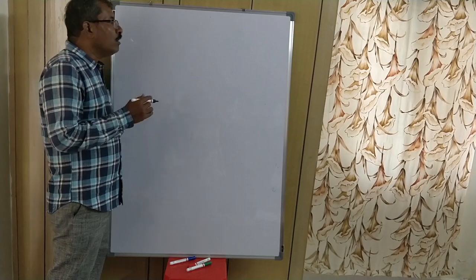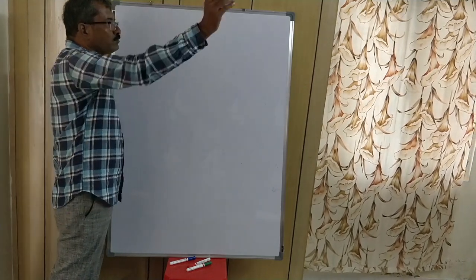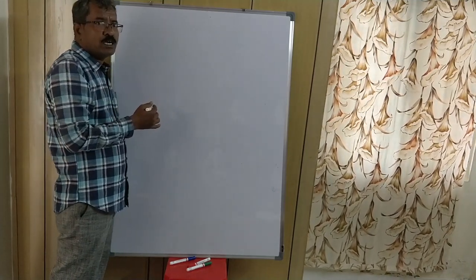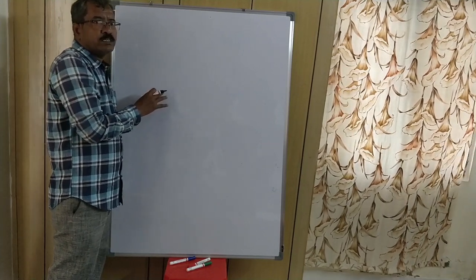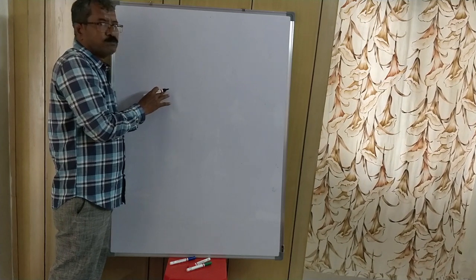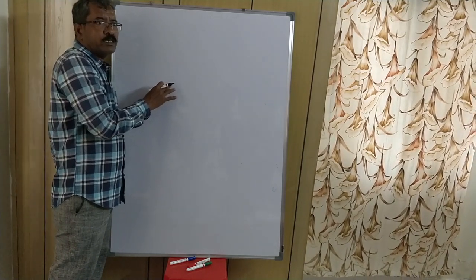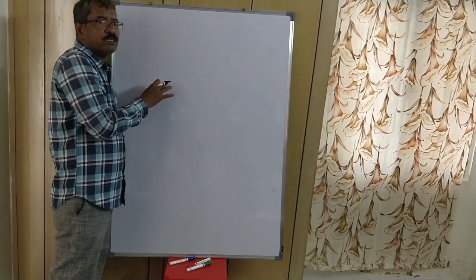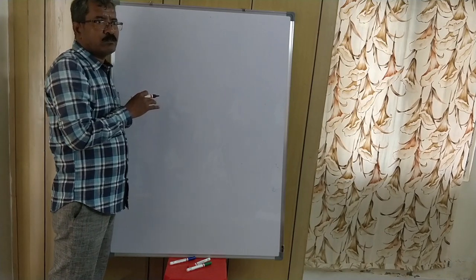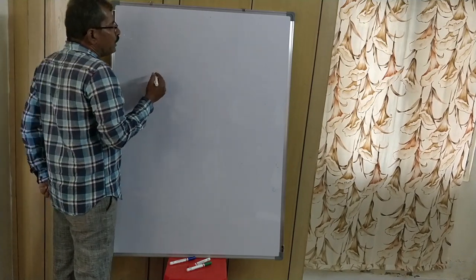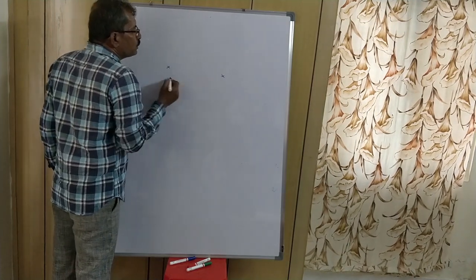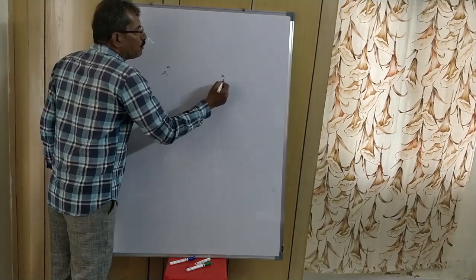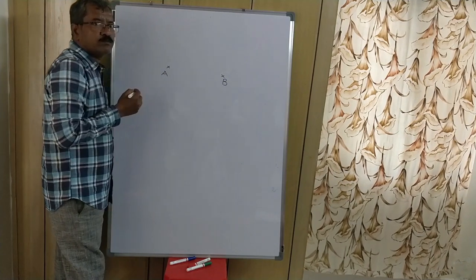Okay, already you know the locus. What is a locus? Locus is a condition which satisfies the line or the circle, etc. What is a line? Suppose A, B are the 2 points.